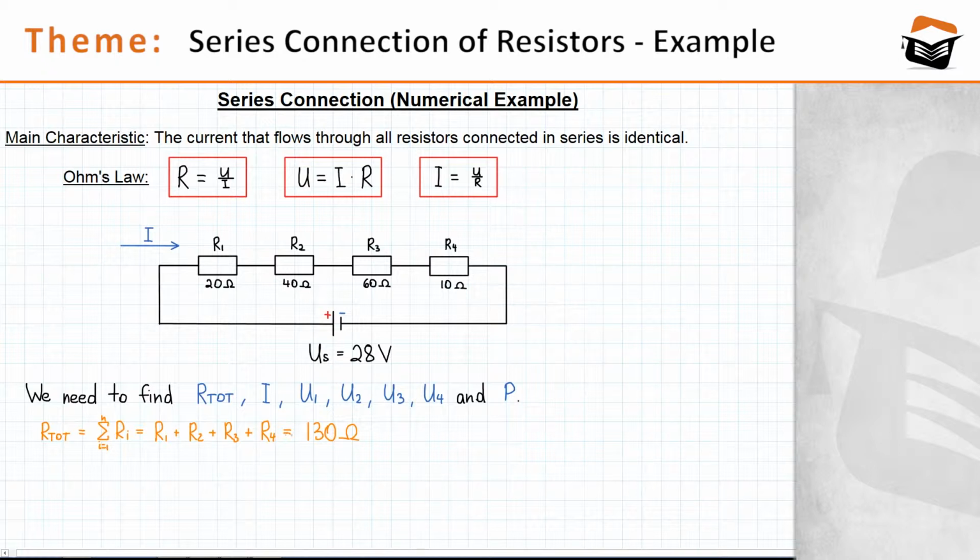And now that we have found the total resistance, we can go on and compute the current that flows through all resistors. And to compute the current, we will be using this equation, I is equal to U divided by R. So I, the electric current, is equal to the source voltage in our case, because we are computing the current that flows through all components, through all resistors. So that's the source voltage divided by the total resistance.